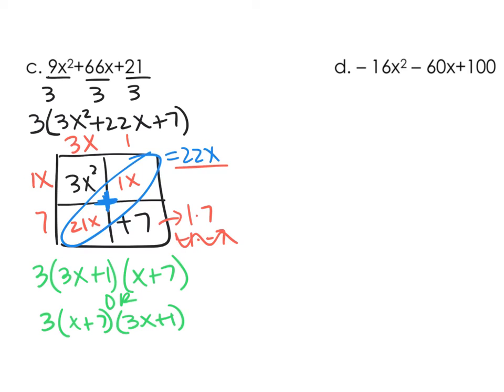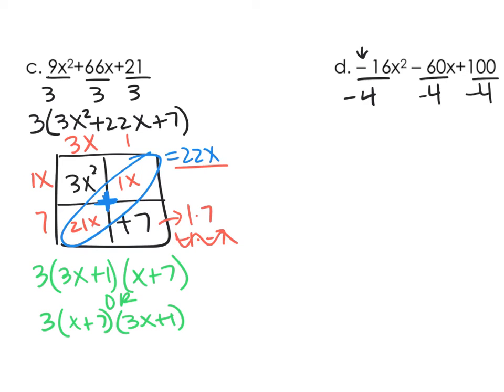Okay, looking at example D, we need to look for a GCF. I already can tell that I'm gonna have to do something because I have a negative out front, and I don't like that. I need to get rid of that negative and divide everything by a negative. And then I also see that I can divide everything in this by a 4.